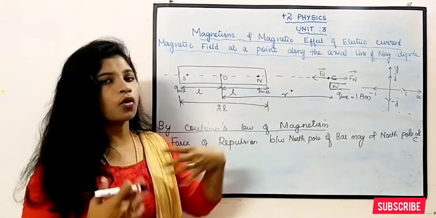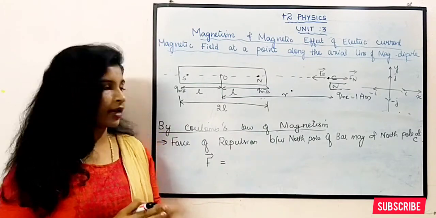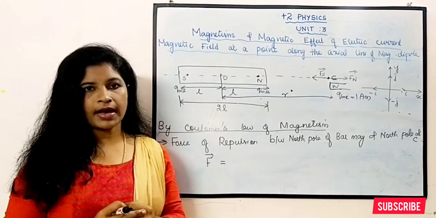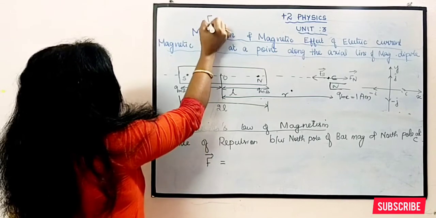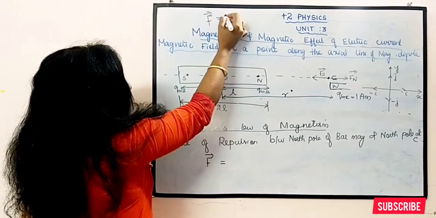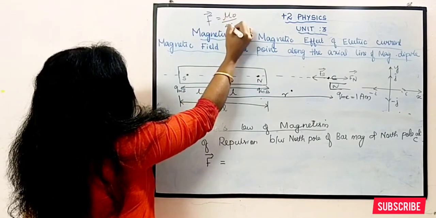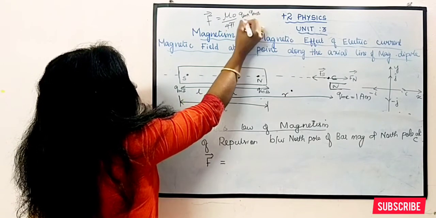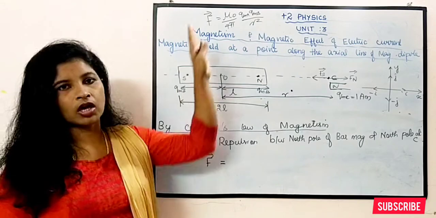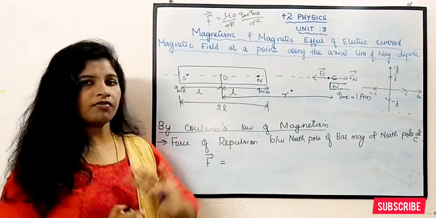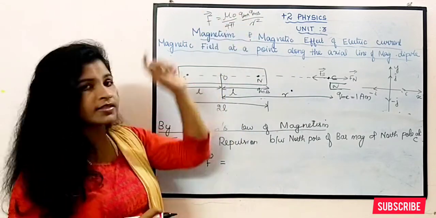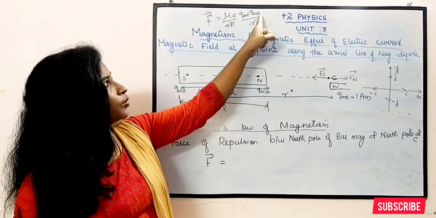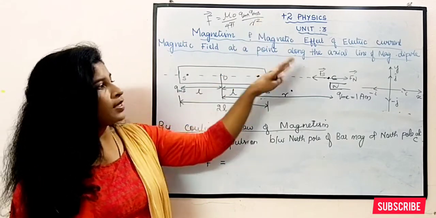According to Coulomb's law, our formula is mu naught by 4 pi into QMA into QMB by R square. This is our formula for Coulomb's law of magnetism. QMA means the pole strength of this point and QMB means the next point.